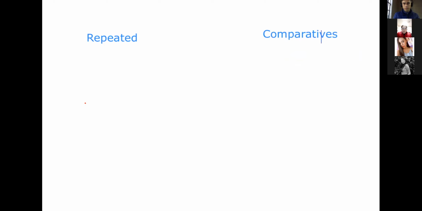Oh, but in the first one is repeated comparatives, and in the second one is double comparatives. Oh, sorry. Just add double.